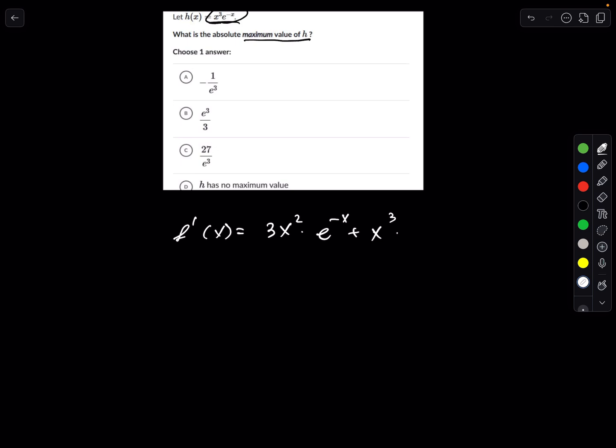Well, what's the derivative of e to the power of minus x? It's a chain rule. First we have e to the power of minus x times minus 1, because the derivative of negative x is just negative 1. So here we are going to put it right over there.